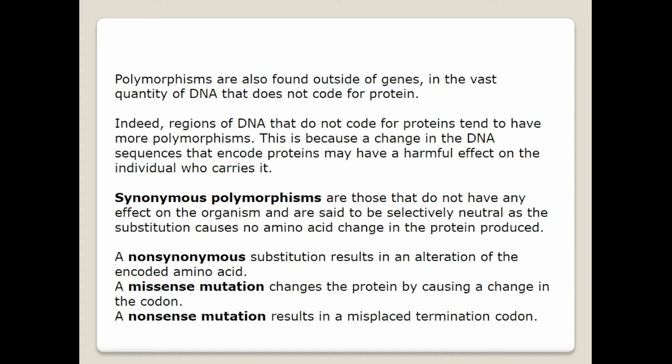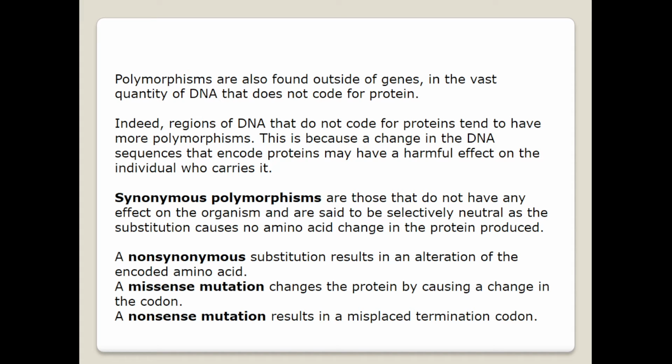And so if a polymorphism or mutation leads in one triplet to one nucleotide changing to another and does not change the amino acid, we can speak about synonymous polymorphism.